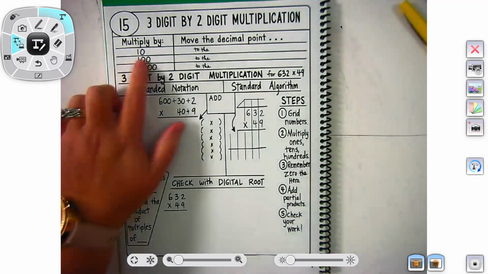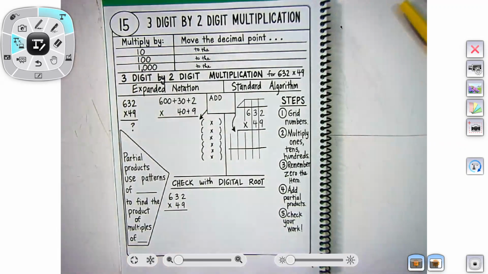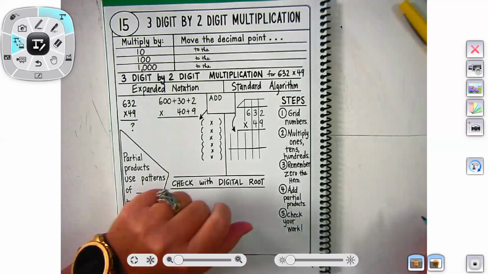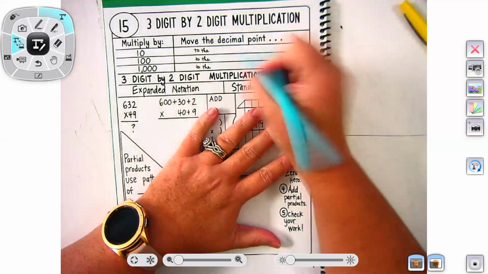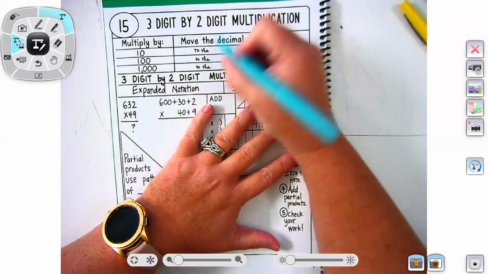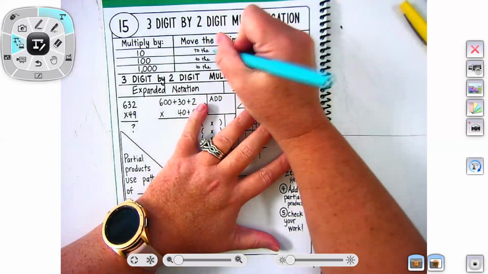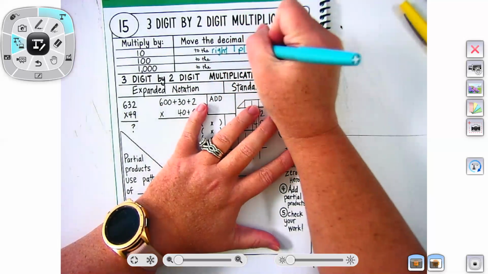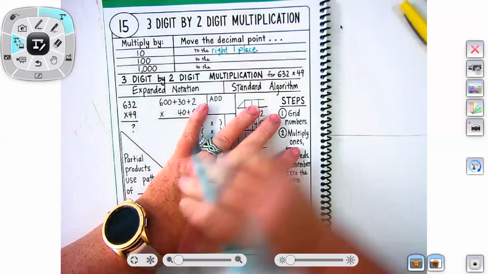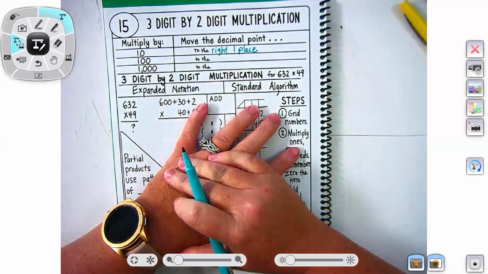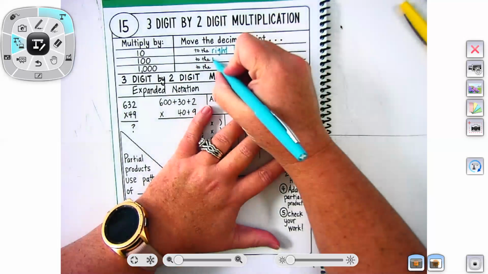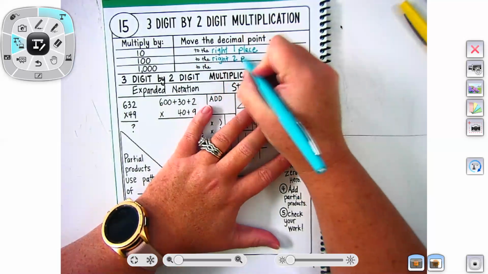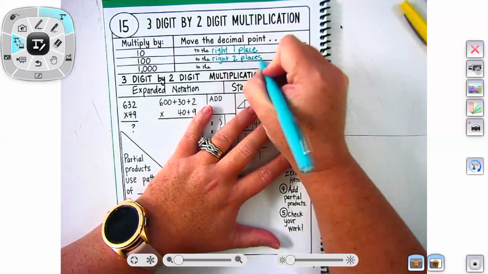So if we start here, if we multiply by 10, that means we're going to move the decimal point one place to the right, okay? If we're multiplying by 100, we're going to move it to the right two places, okay?